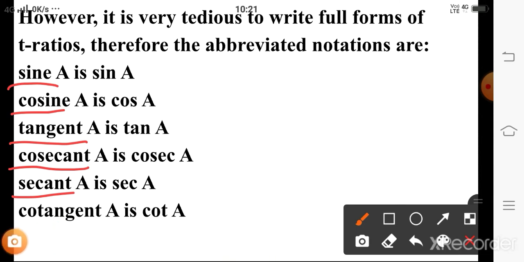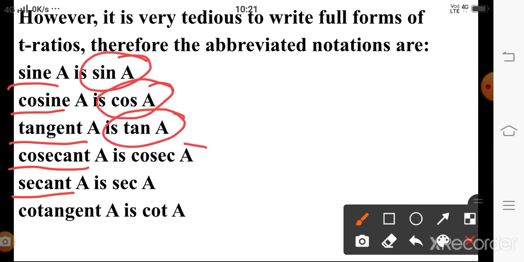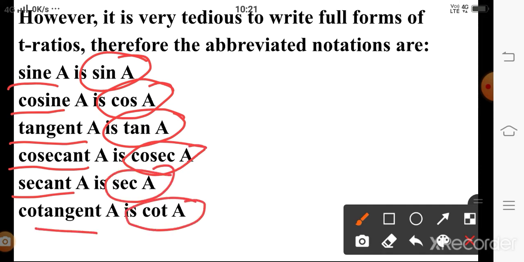We are not using the complete form, we are just using the abbreviations: sin A, cos A, tan A, cosec A, sec A, cot A. Sine of the angle A we write as sin A, cosine of the angle A we write as cos A, tangent of angle A we write as tan A, cosecant of angle A we write as cosec A, secant of angle A we write as sec A, and cotangent of angle A we write as cot A.